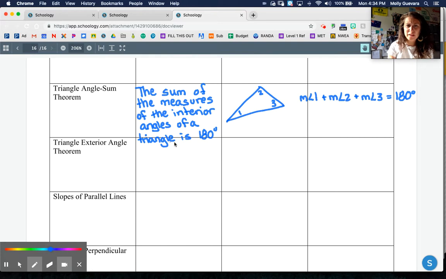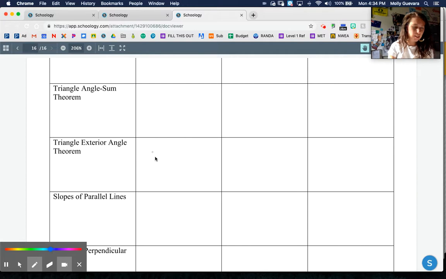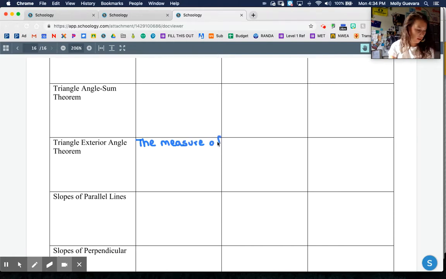And again, I'm going to have to clear this out so I can write in the triangle exterior angle theorem. Hopefully you guys are writing smaller than I am. Okay, the last one is the triangle exterior angle theorem. So we can say the measure of an exterior angle of a triangle, so we have to be specific here, of a triangle.